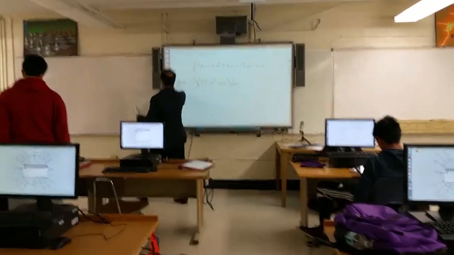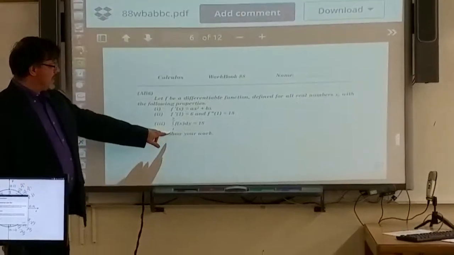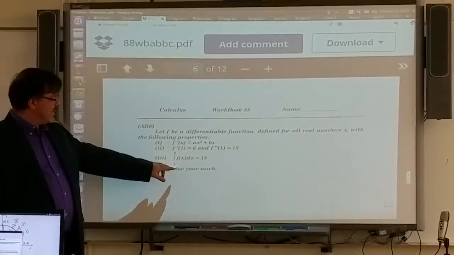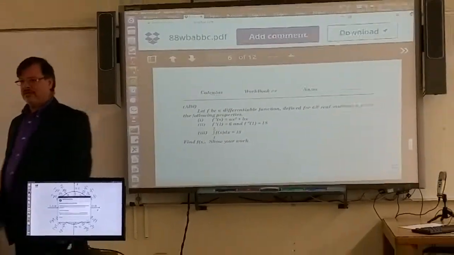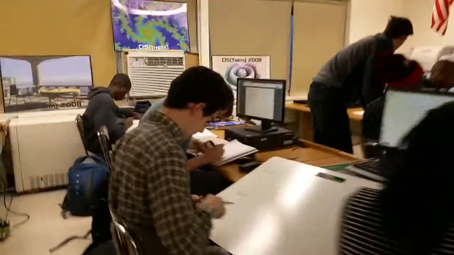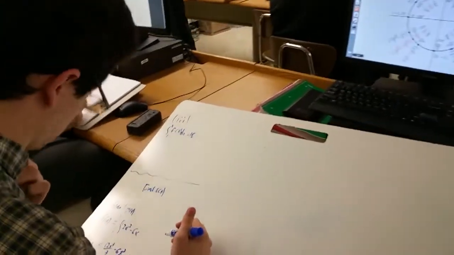Don't forget, the area under the curve, bounded by the curve of f and the x-axis from 1 to 2 for x, is 18 square units.